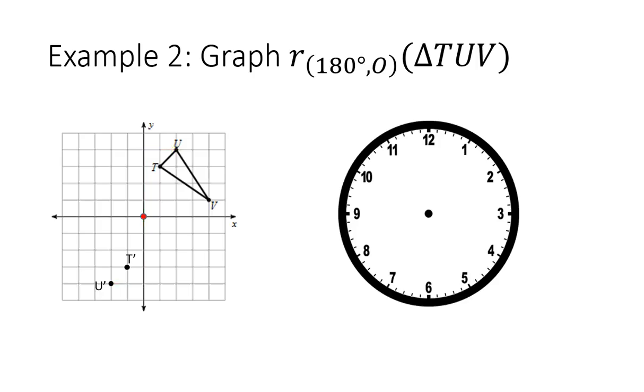And then last on this, my point V, I am going to the right 4 units, so it's pointing towards the 3, and then I'm going to go up 1, and it's pointing towards the 12.